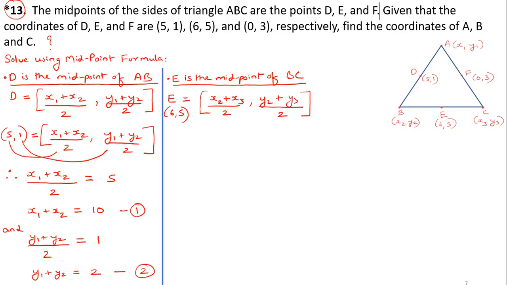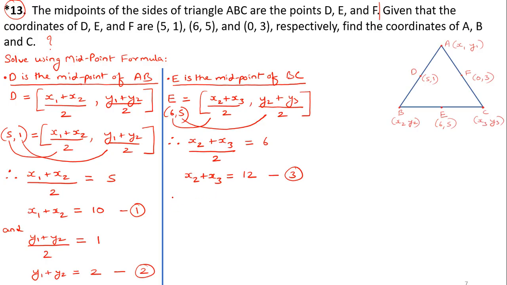So this 6 belongs to x and 5 belongs to y. Therefore I can write x2 plus x3 upon 2 is equal to 6, and 2 I will shift there, so it will become x2 plus x3 is equal to 12. Let me take this as equation 3.